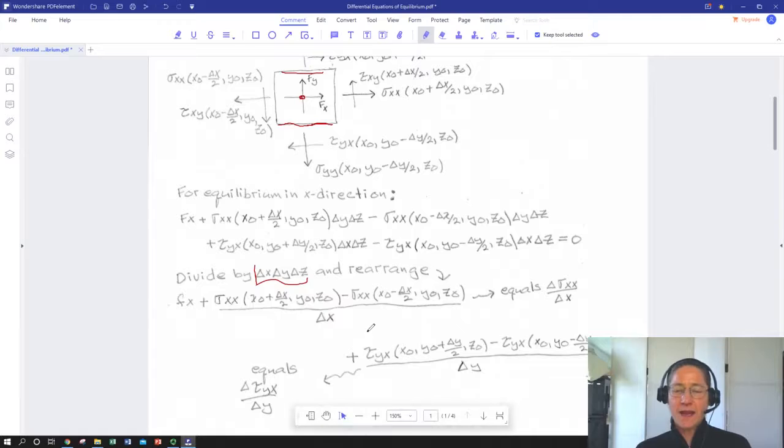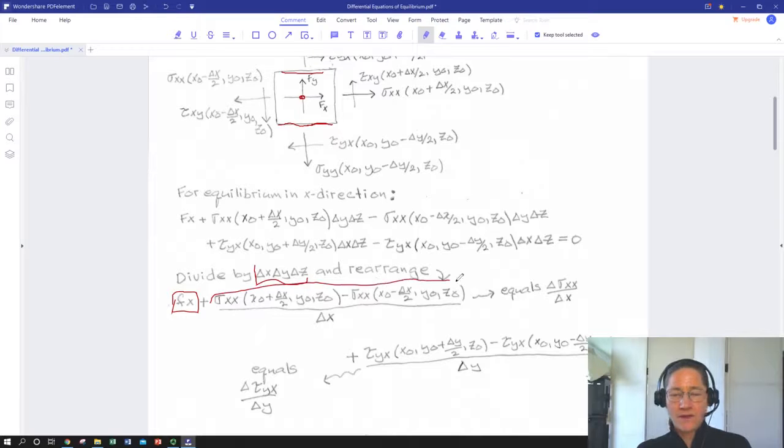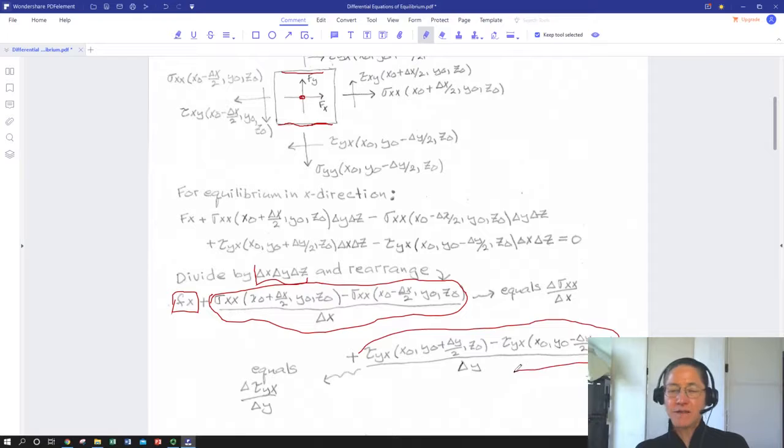We end up getting basically three terms. Instead of our capital F sub x, we now have our body force per unit volume in the x direction. We have one set of terms that ends up being divided by delta x, and another set of terms that are divided by delta y.